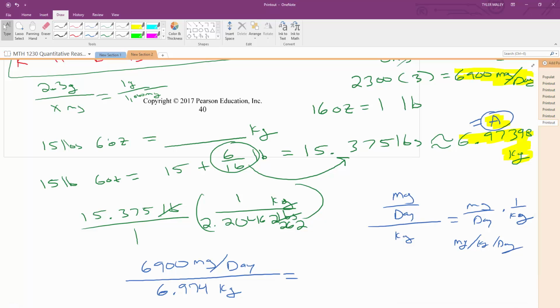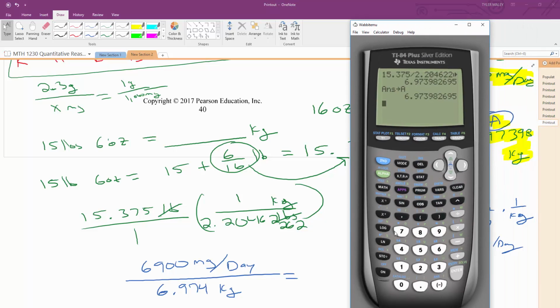If I come back over to my calculator, to be as accurate as possible, I take 6900 and divide it by alpha A, and I get this value, 989.3916.